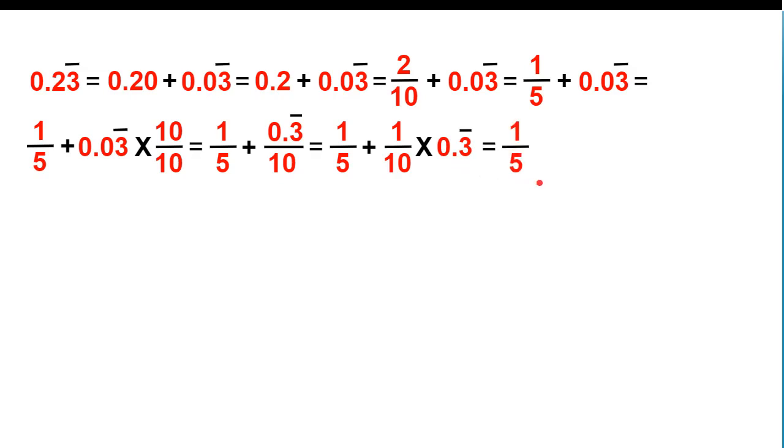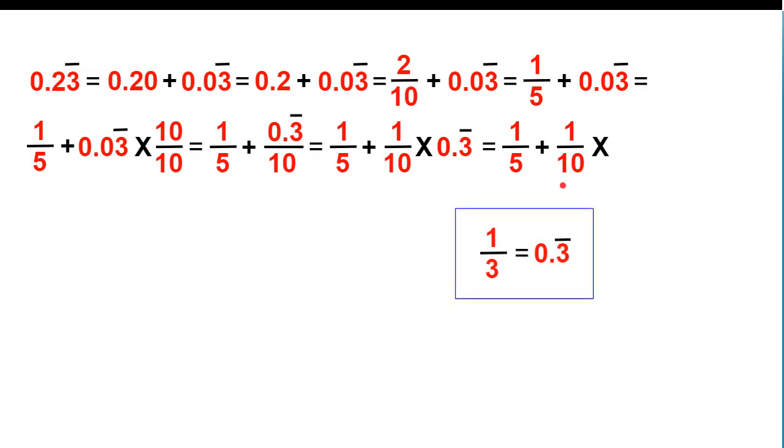1 over 5 plus 1/10 of, and now we'll use another trick. In the beginning of the lesson, and in previous lessons, we mentioned that 0.3, where the 3 is recurring, is actually 1 over 3. So we can replace this 0.3 recurring with 1/3 here.